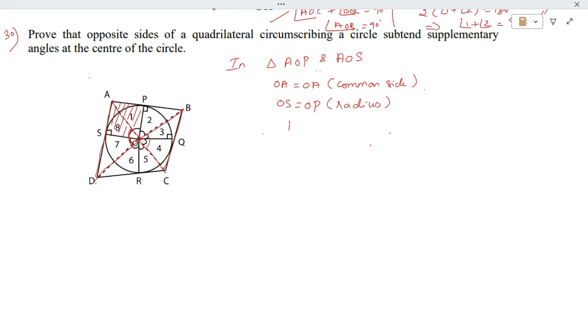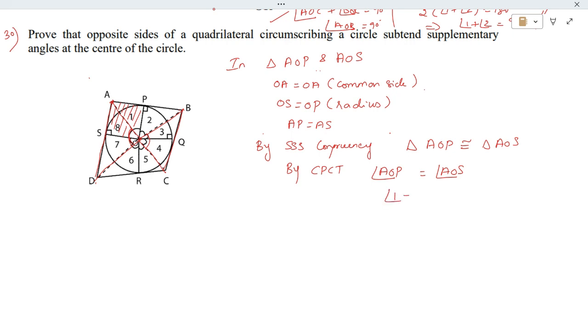And also AP is equal to AS, because A is an external point, so the tangents from the external point to the points of contact on the circle are equal. So by SSS congruency, these two triangles are congruent: triangle AOP is congruent to triangle AOS. So by CPCT, angle AOP is equal to angle AOS.